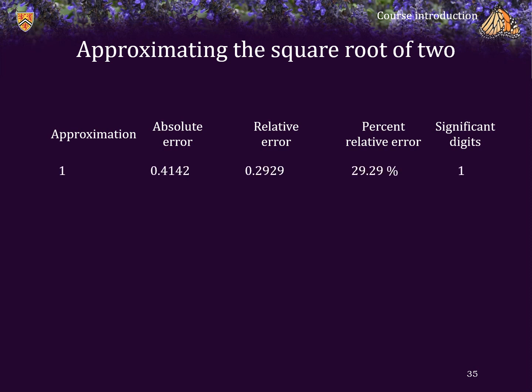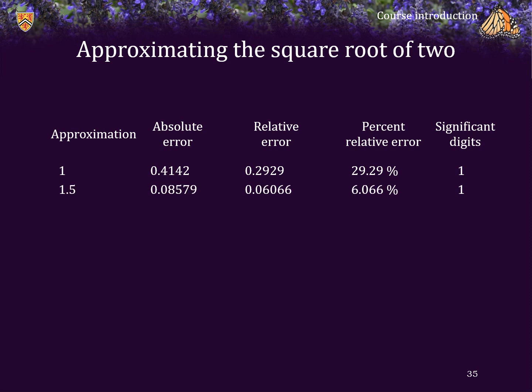1, as an approximation of the square root of 2, has an absolute error of just slightly less than 0.5. Its relative error is therefore 0.2929, and it has a 29% relative error. It also has one significant digit.